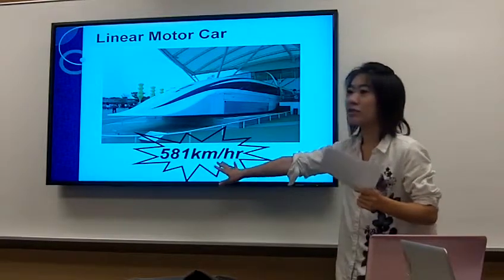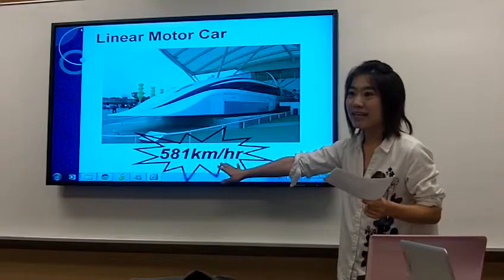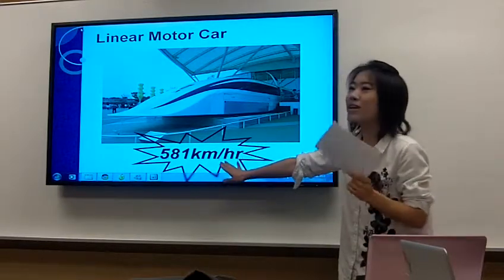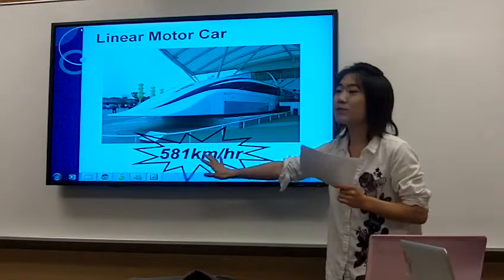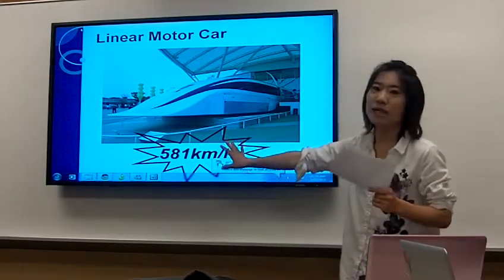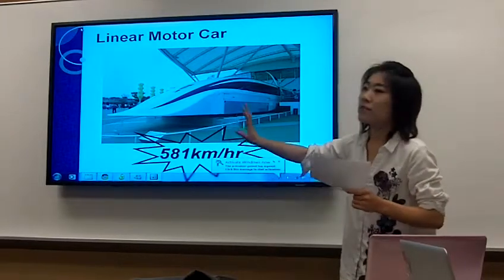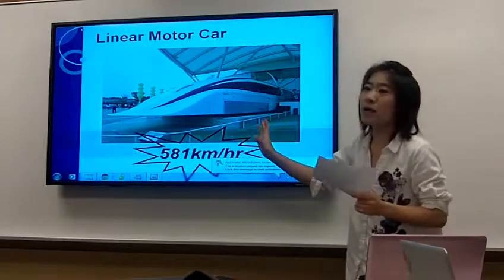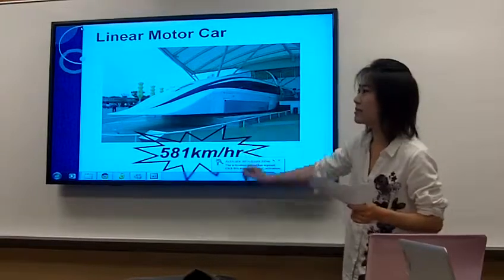The speed can reach 581 kilometers per hour, which is what I said in the introduction. You can get to Vegas from LA in just 45 minutes. It's pretty fast, and actually it is already applied in some cities like Shanghai, and also in France and Japan, but not for the public. It's still in the experimental stage.